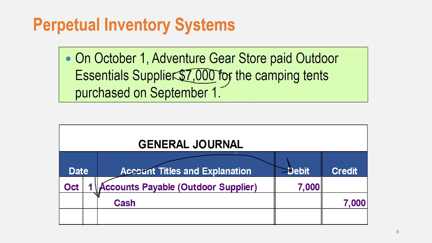So $7,000 for accounts payable becomes debited, and because we pay this liability in cash, the total amount of cash decreases. Cash is the most famous of the asset sub accounts, and a decrease in assets is recorded as a credit. So 7,000 becomes a credit for cash.